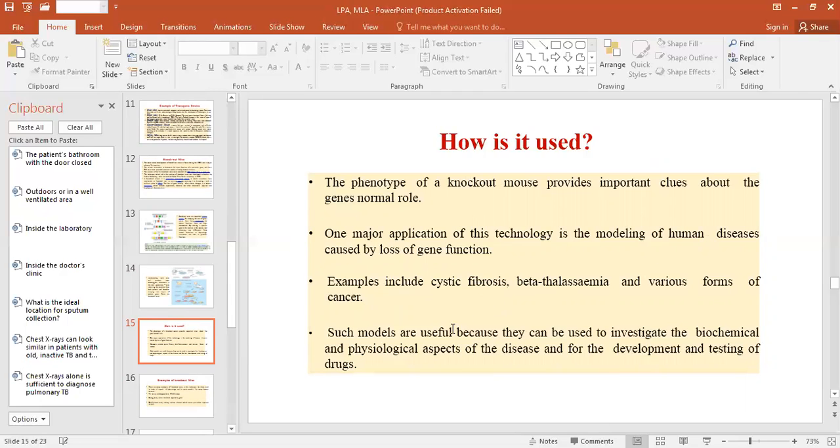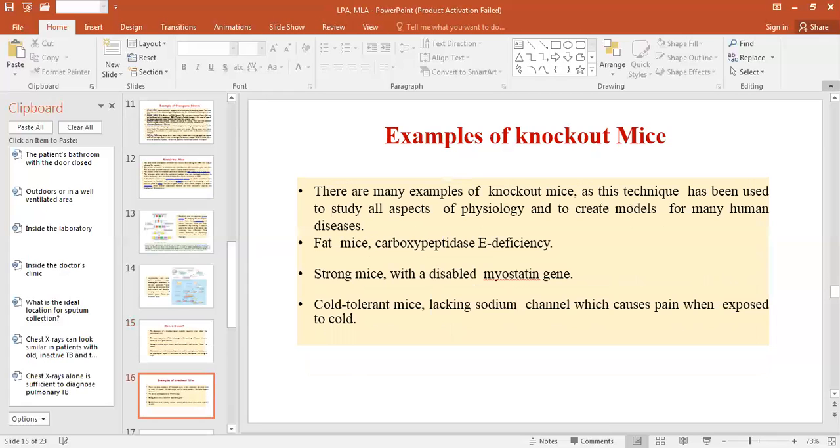In the study of some diseases like cystic fibrosis, thalassemia, and different types of cancer, we can use this knockout mice. Such models are very useful because they can be used to investigate the biochemical and physiological aspects of the disease and for the development and testing of drugs.